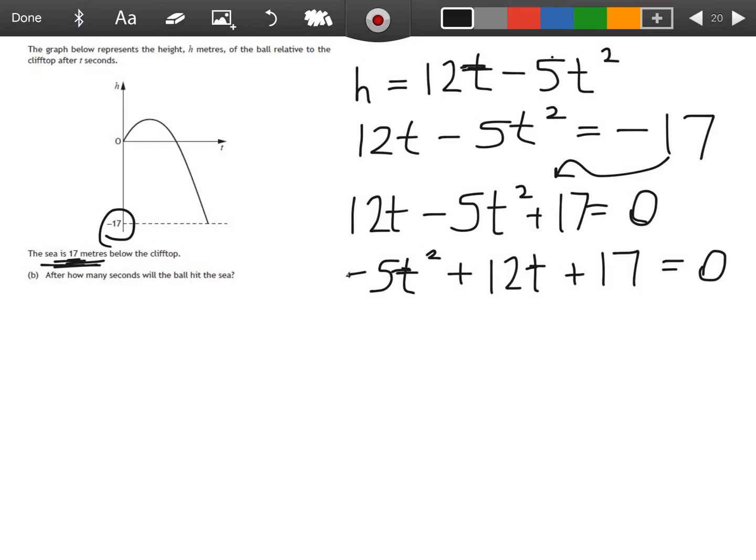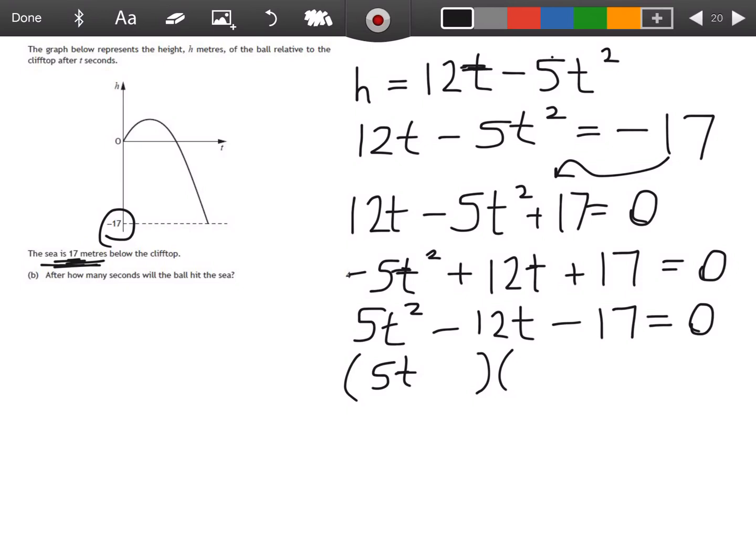I would much prefer if it was a positive 5t squared. I can actually change it to a positive 5t squared by multiplying the whole equation by negative 1. Right? Can change the sign of everything. It's as if you're moving it all over to the other side of the equal sign. Okay? Right, let's have a wee look. This looks a wee bit better, a bit more manageable.